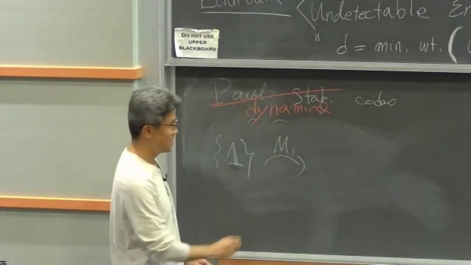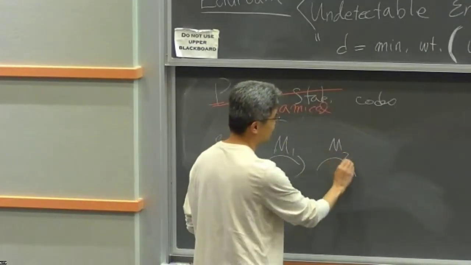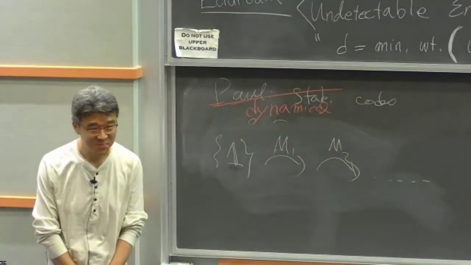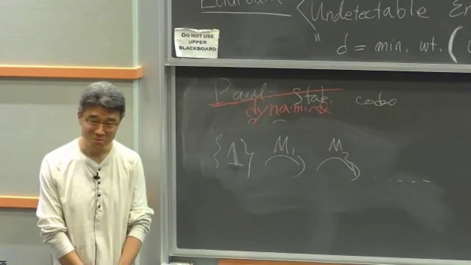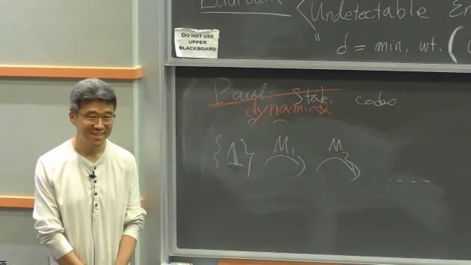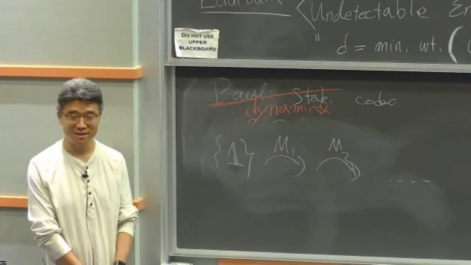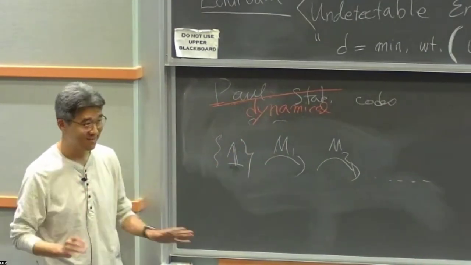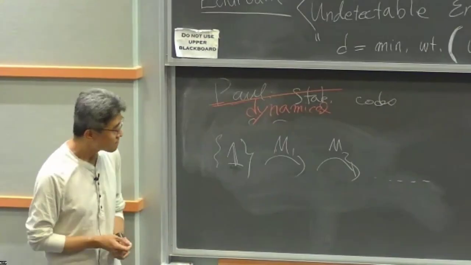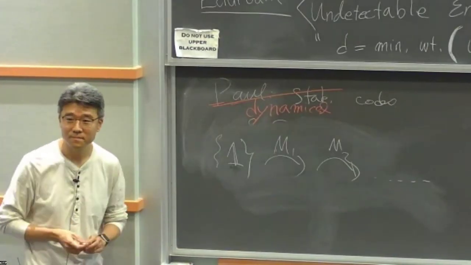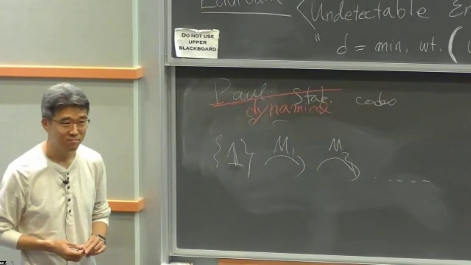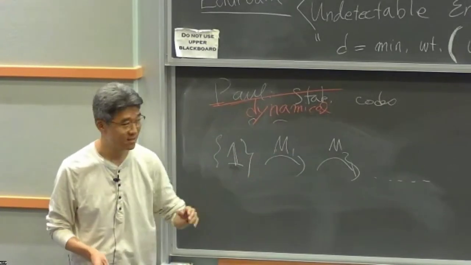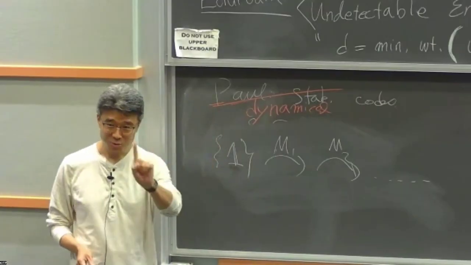And then I make another measurement. And I keep doing that. That's it. There's no subspace. There's no commutativity requirement. Nothing. It's just a sequence of measurements that are defined beforehand. That's my dynamical code. For the sake of this talk, I make exactly one measurement at a time.